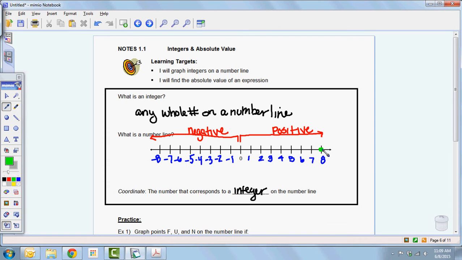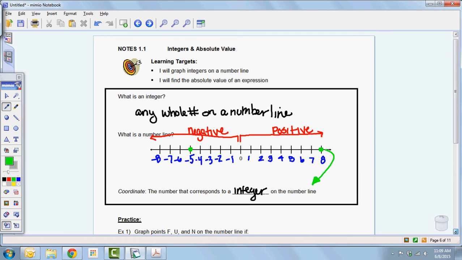This point right here is also called a coordinate, the coordinate of 8. If I wanted to do the coordinate of -5, notice how I'm putting the point. The coordinate is right on that number line. It's not above it, it's not below it, it's right on the line.